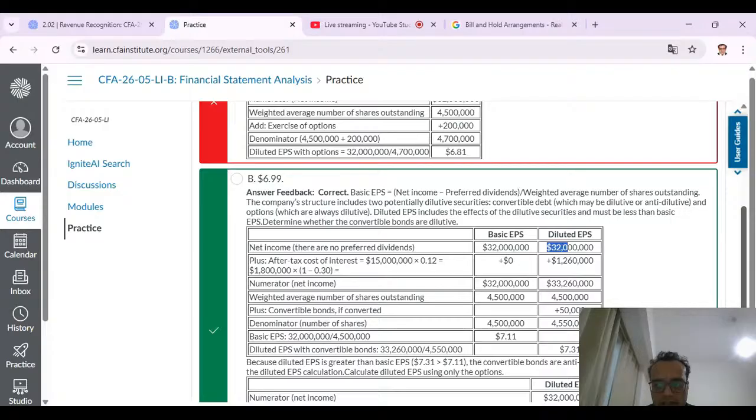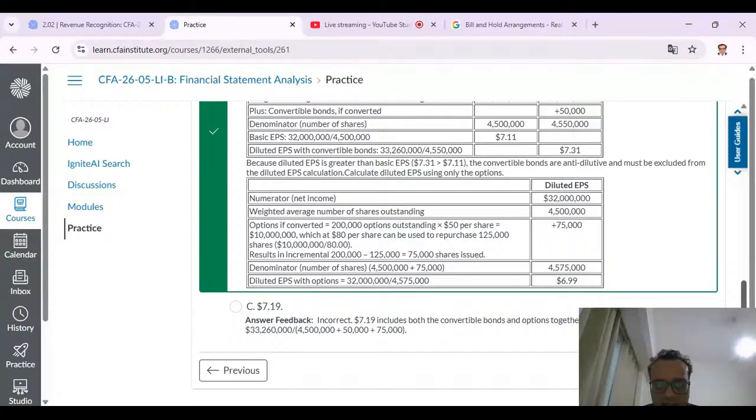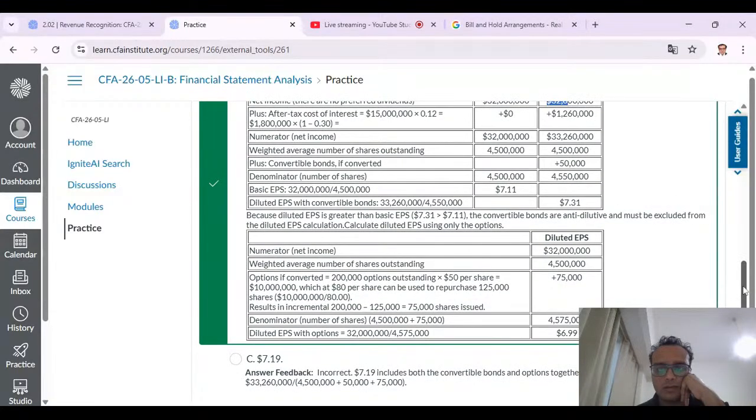Yes. Basic EPS is 7.31, but from this 7.61, I'm not sure how this is coming. Because diluted EPS is greater than basic EPS, the convertible bonds are anti-dilutive.